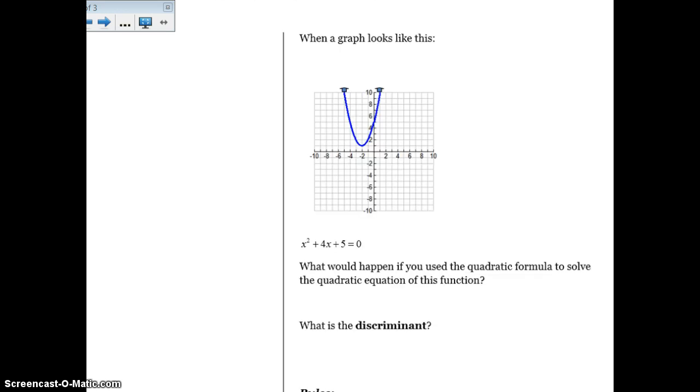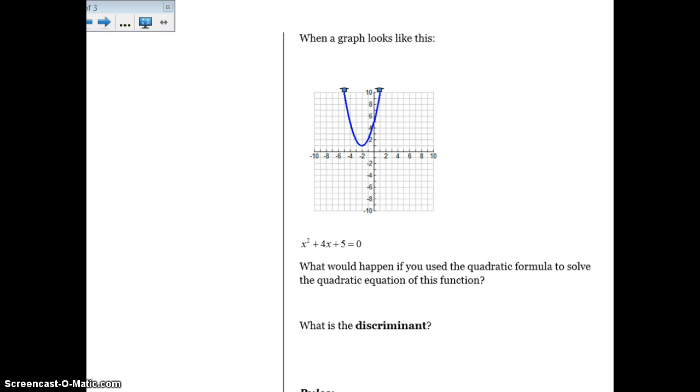So remember I was saying sometimes there are imaginary solutions and you have to use the quadratic formula. Well, this is one of those examples, okay? As you can see, the graph never hits the x-axis. So we say it has no real solutions. The key word there is real.